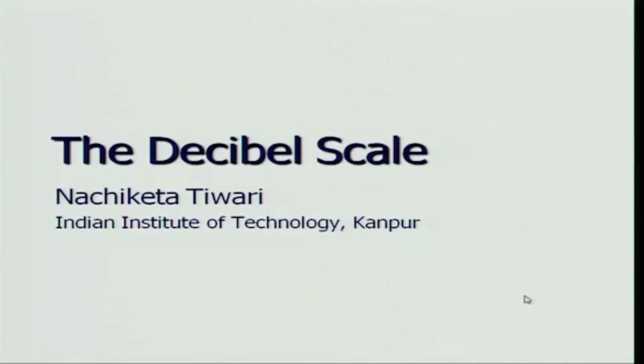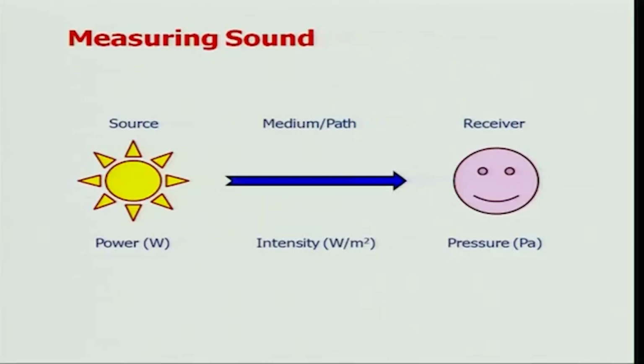But before I talk about this term called the decibel scale, I wanted to provide a context. First, we will look at this picture. What the picture shows is that there's a source which is emitting sound. As I'm talking, for instance, my throat is emitting sound.